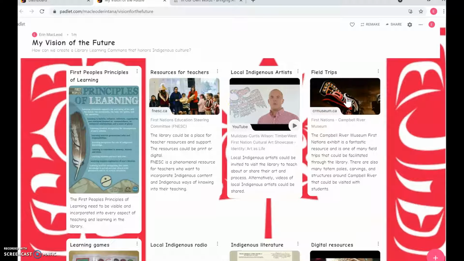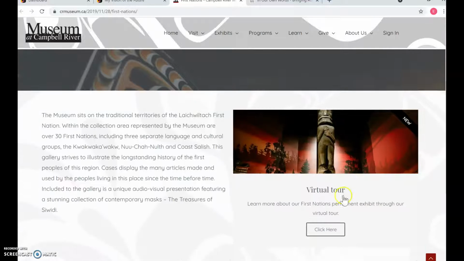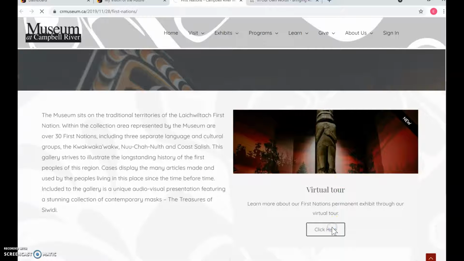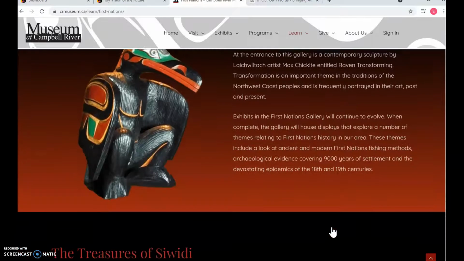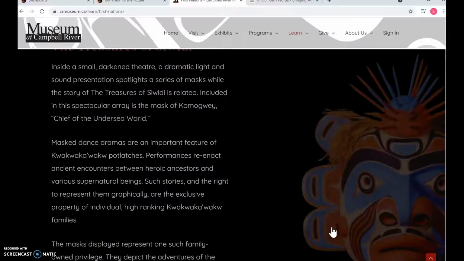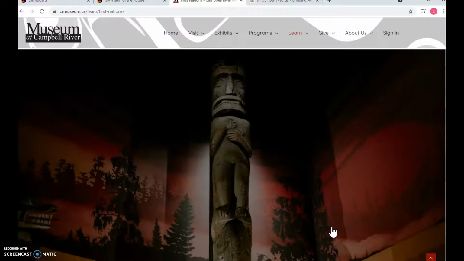I also think the library learning commons could be a place that supports teachers in planning field trips. In Campbell River, there's an amazing First Nations exhibit at our local museum. The First Nations exhibit at the Campbell River Museum is phenomenal.